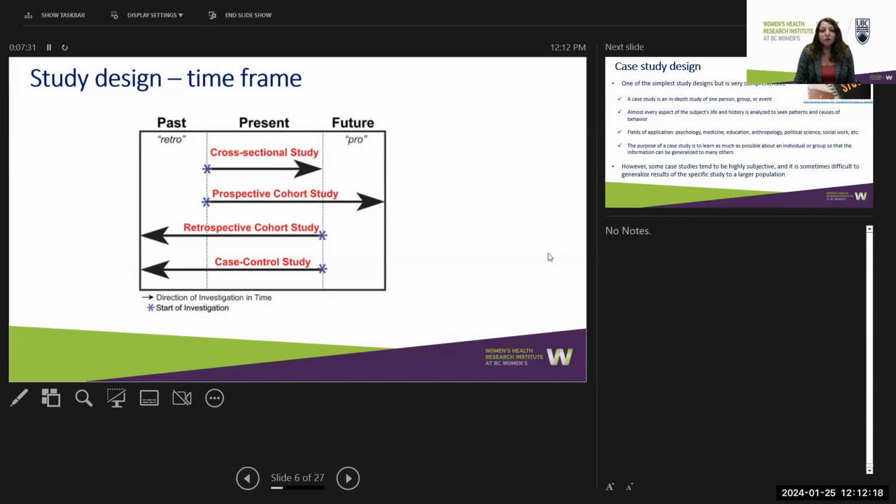Studies measuring something usually at one point in time are cross-sectional study and case study, and cohort study is usually longitudinal. So you have prospective cohort where you recruit people and look for their outcomes, exposure, different variables in the future, or retrospective cohort where you already collected the information and you're trying to figure out what happened.